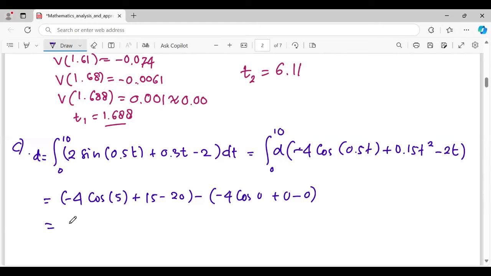So it becomes minus 2.135 minus 0, and it is minus 2.135. So the displacement, not minus, but the displacement equals 2.135 meters.